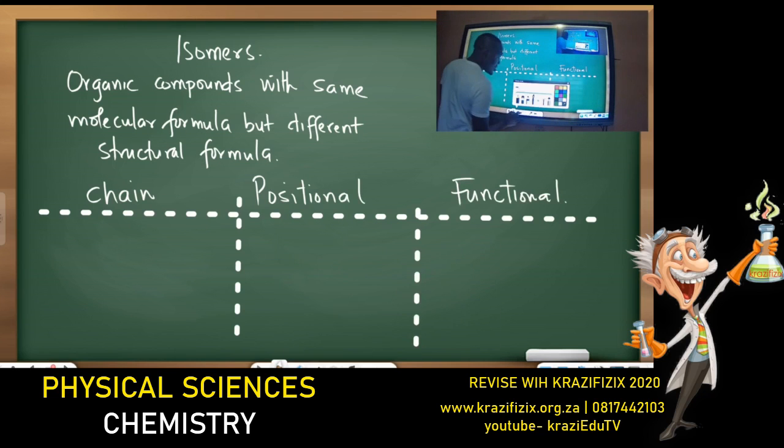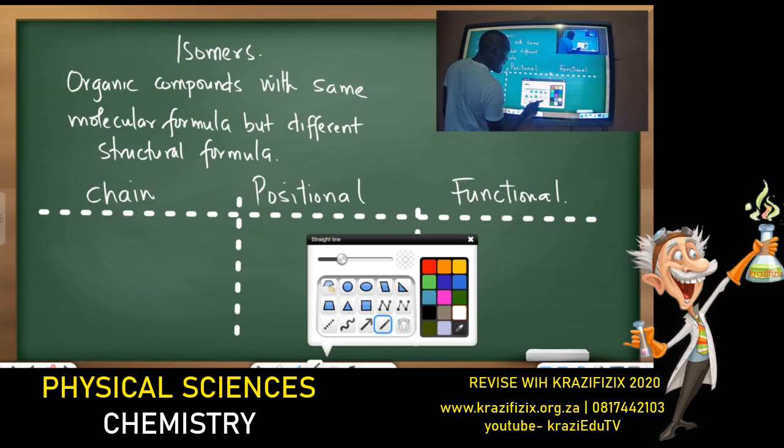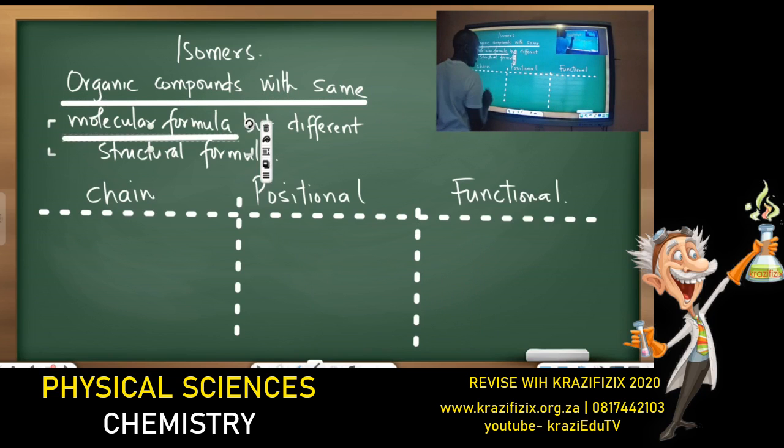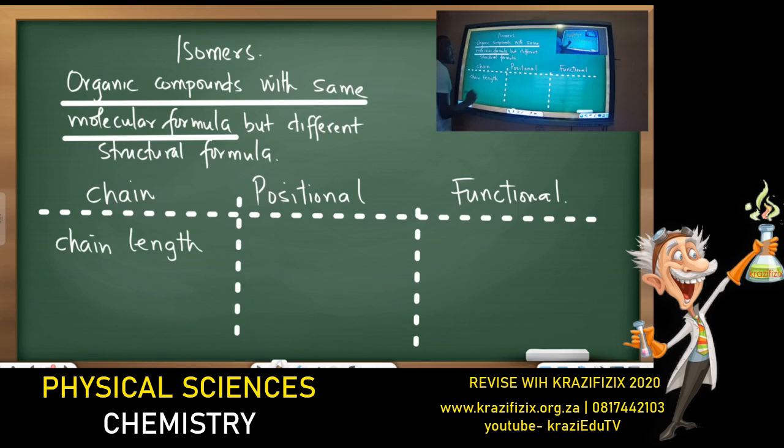To save time, I am going to underline the prefix. Organic compounds with the same molecular formula but different chain length. The chain length is what we mean by different structural formula.